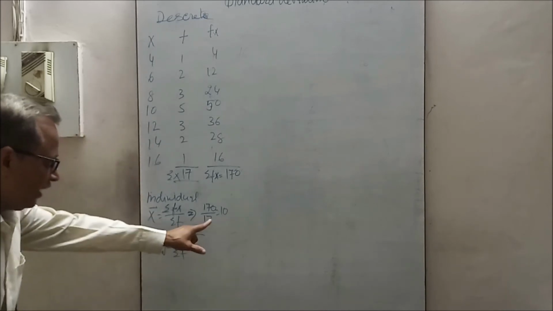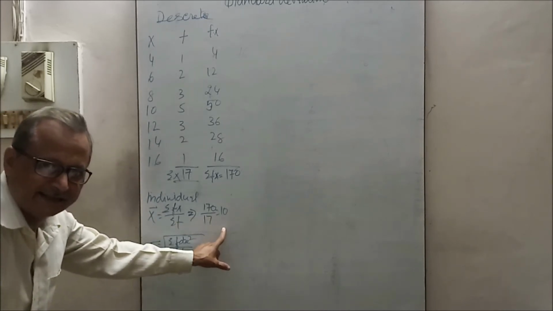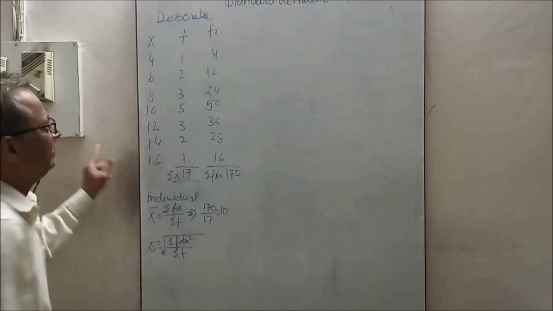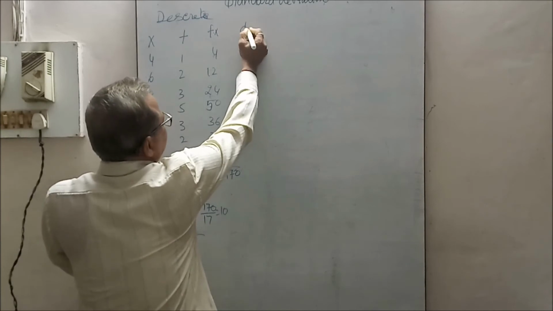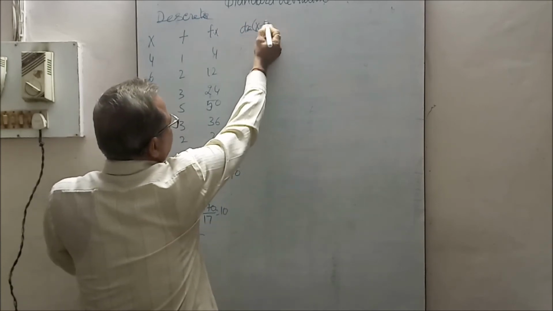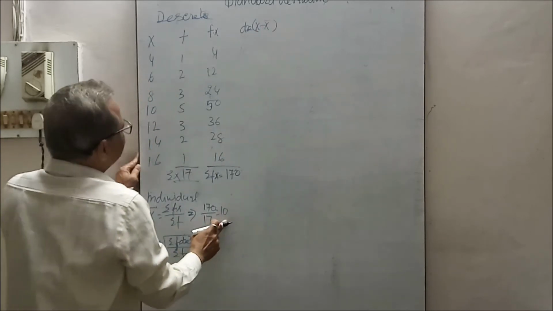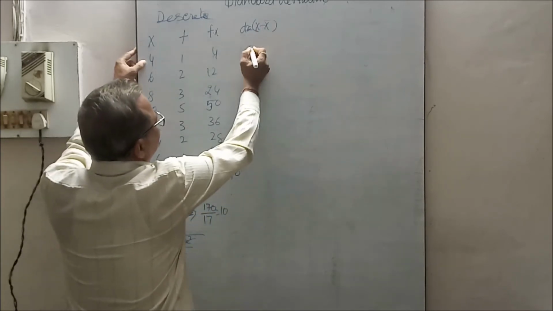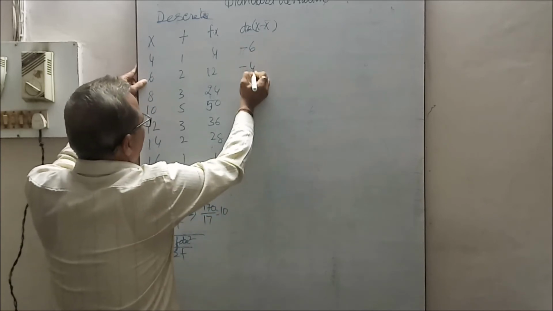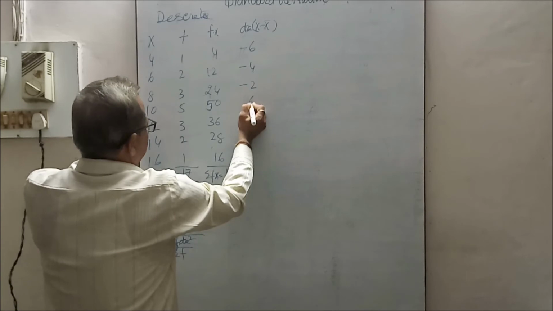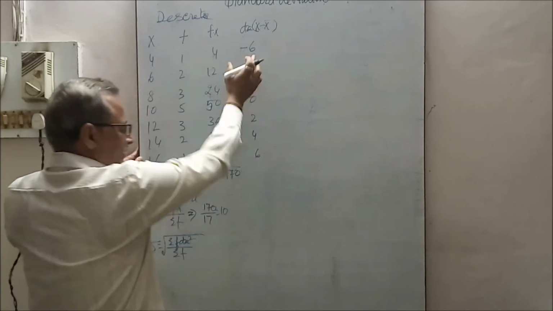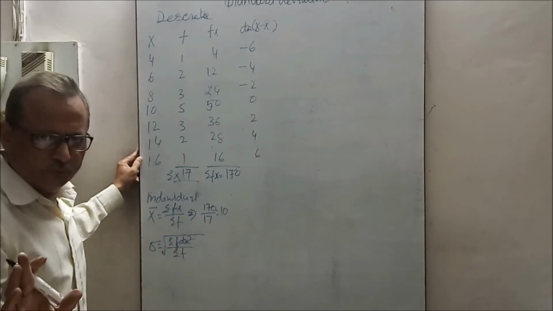First we find dx, which is x minus x bar. Since the mean is 10, the values are minus 6, minus 4, minus 2, 0, 2, 4, 6. Now the total becomes 0.